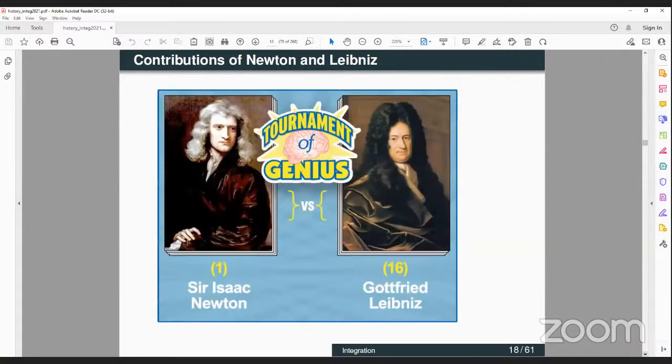If you're interested, go to Google and find out about the controversy over who invented calculus, Newton or Leibniz, and read. It's interesting to read such things also.